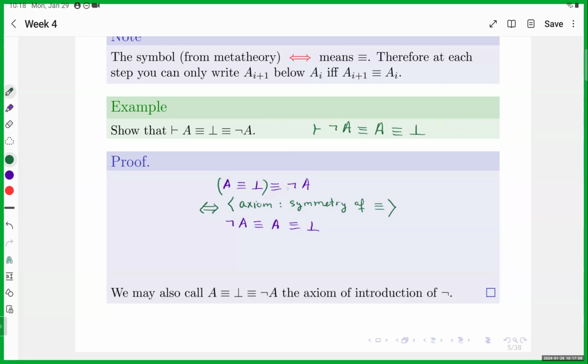Now in the next one, I didn't even write the brackets, right? The brackets are here, but it doesn't matter where they are. All those formulas are equivalent, right? So this is, as you can see, a lot easier, but why am I done here? The reason that we are done and the proof is complete is that we have just shown that the formula that we wanted to prove, namely this one, is equivalent to an axiom.